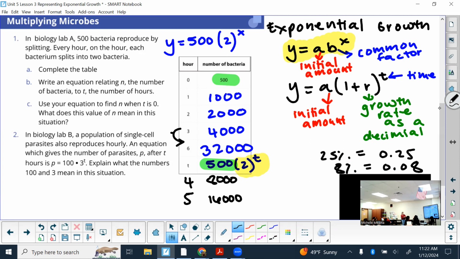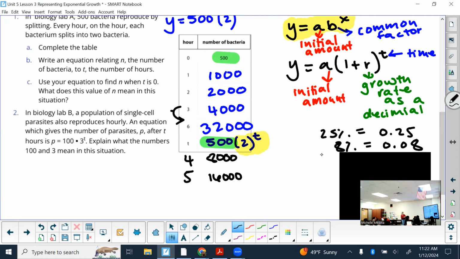So if you don't know how to do that conversion, percents to decimals, basically divide by 100 and you get the equivalent decimal. The 1 is kind of like 100% in a way. So 1 plus whatever it's increasing by, and then to the t power, which is time. And x is usually time.